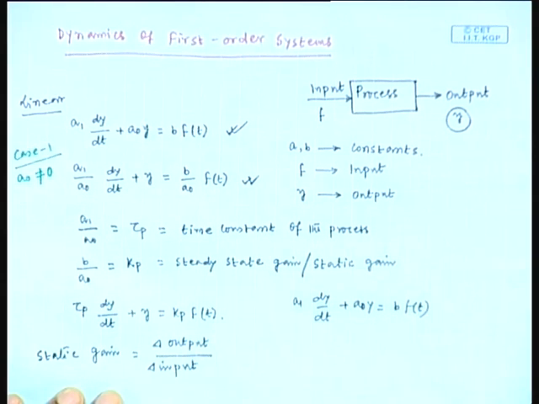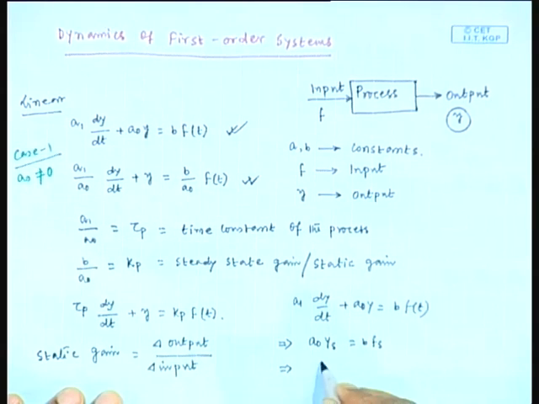This is the modeling equation. So, what will be the steady state form of this? a naught ys equal to b fs, agree, because the dy/dt term does not exist.